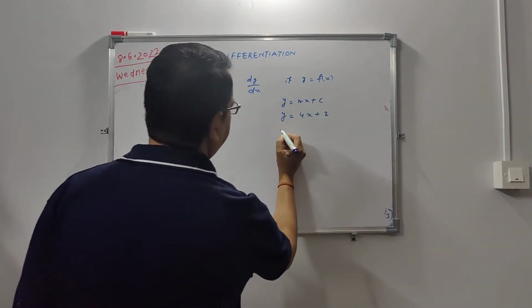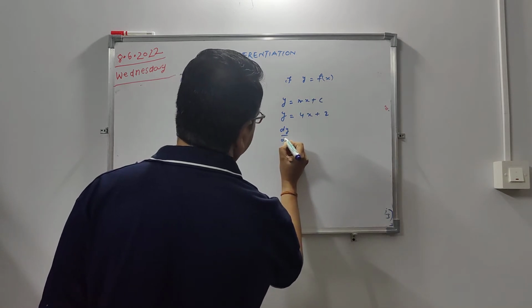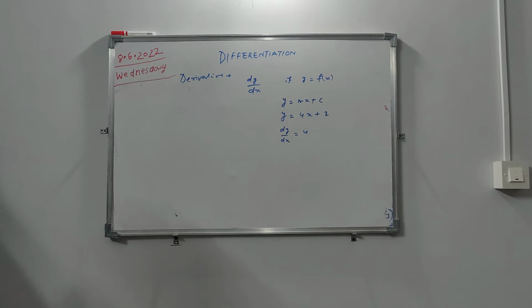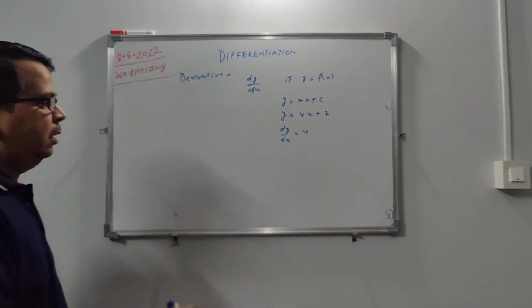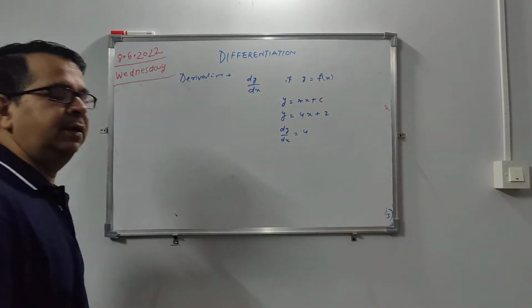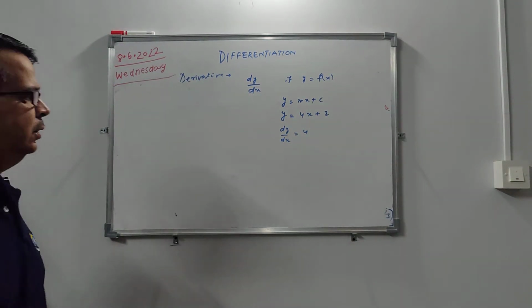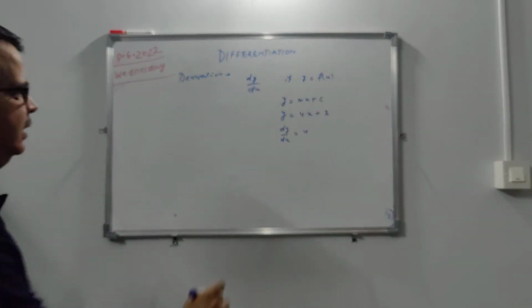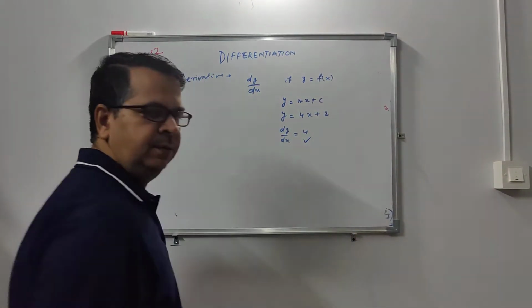Now I want to find out dy by dx. So dy by dx is equal to 4, because the derivative of x is equal to 1 and the derivative of a constant, 2, is equal to 0. That means you got the slope to be 4.